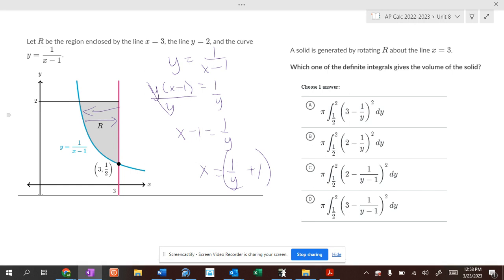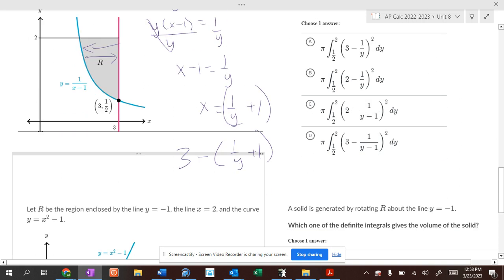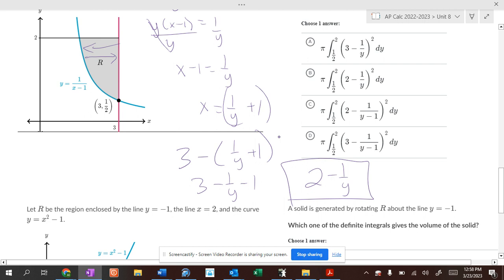Kind of like top minus bottom like we did before. Now it's outer minus inner. So it's got to be 3 minus 1 over y plus 1, or 3 minus 1 over y minus 1, which is 2 minus 1 over y. So we go pi r squared from 1/2 up to 2 of 2 minus 1 pi r squared.